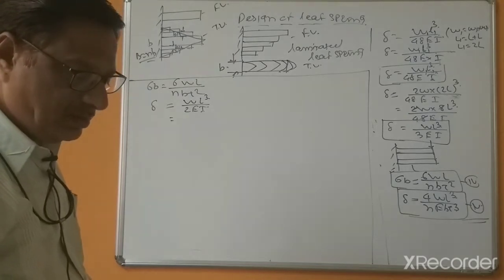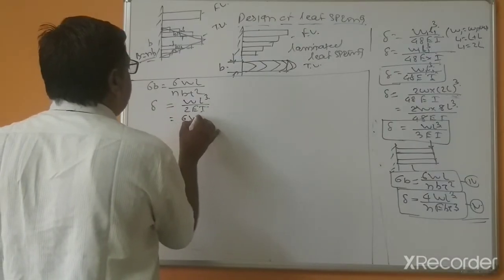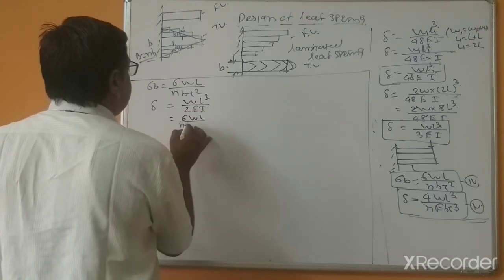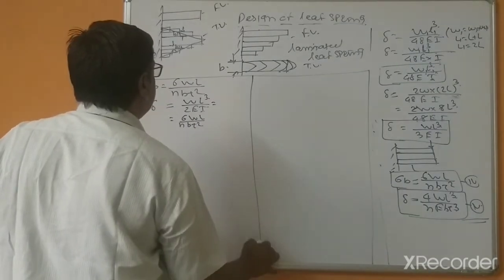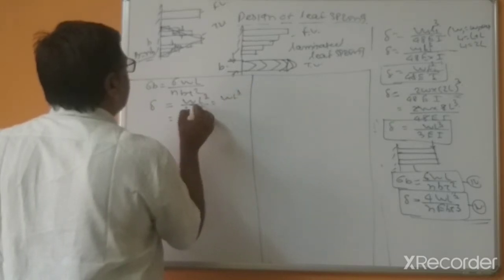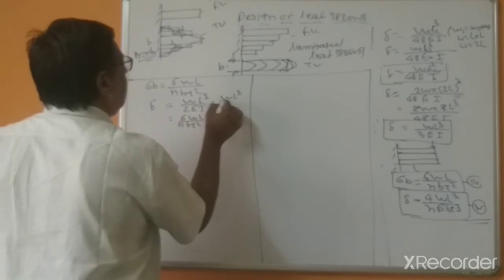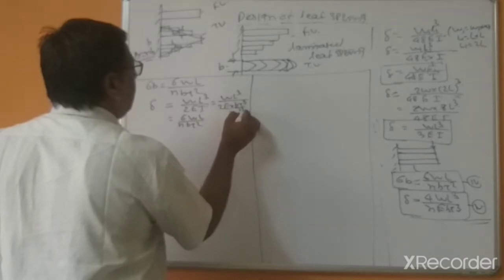Now by taking from this, because we require sigma B, so that's why taking 6WL into NBT squared, here WL cube divided by E into BT cube divided by 12.